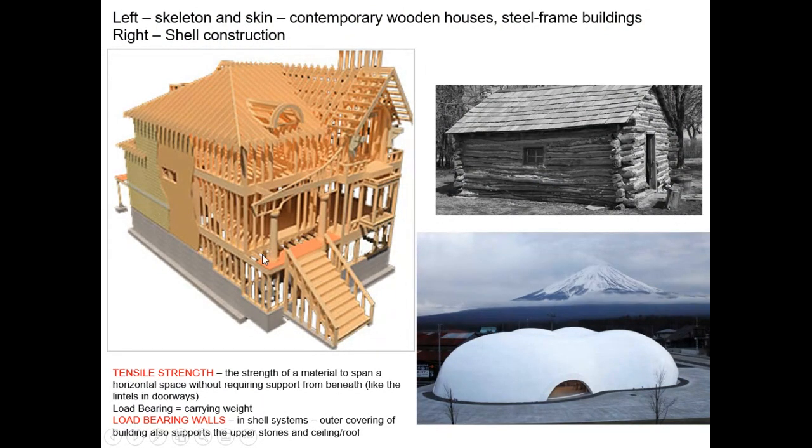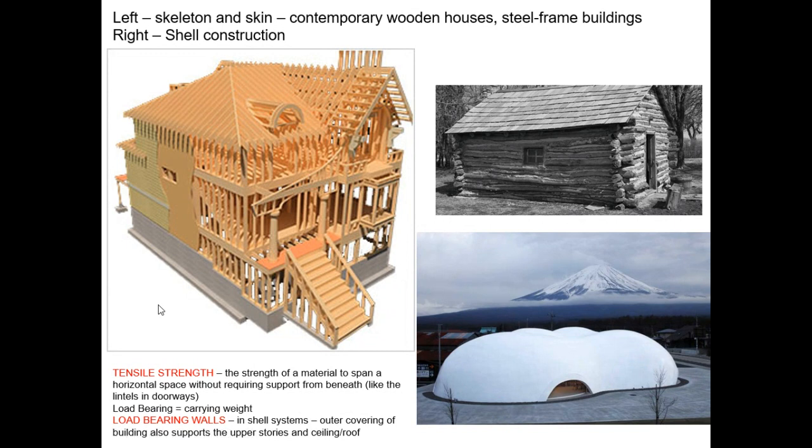In a skeleton and skin system, what is carrying the weight, what is load-bearing, is an interior skeleton, either a wooden one or, in the case of a skyscraper, a steel frame skeleton that can then be faced with whatever other material we want, whether that be wood or siding or glass or metal or whatever we decide we want to use.